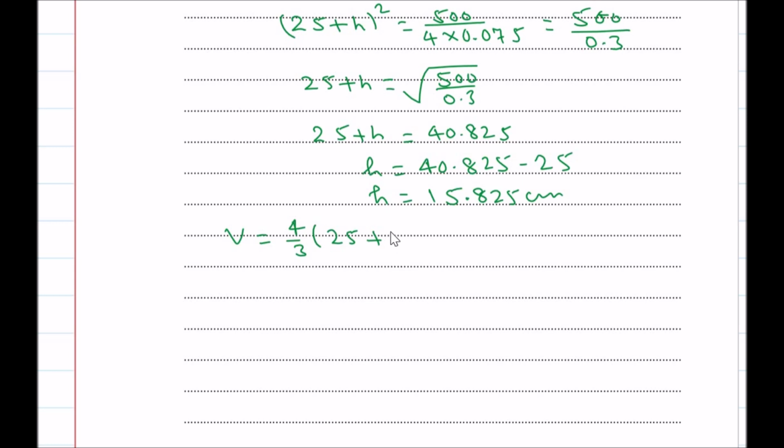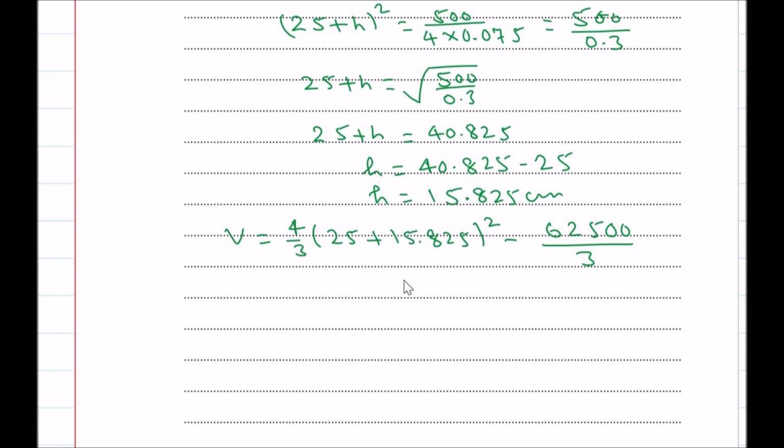So h value is 15.825, whole square, minus 62,500 divided by 3. So in the V expression we substituted the value of h that we got above, right?